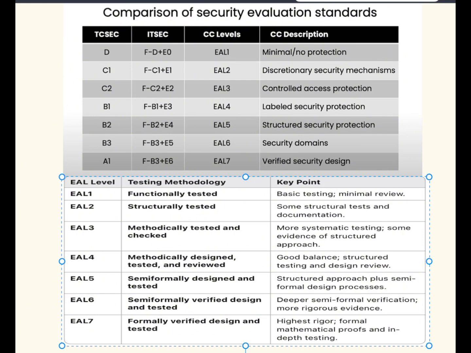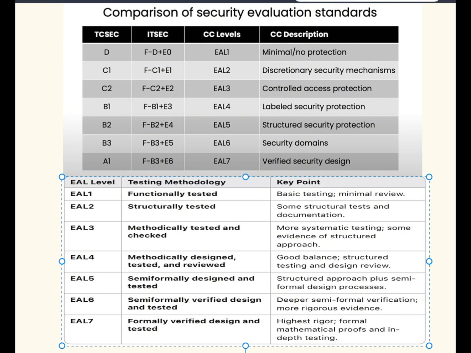So how do they relate? TCSEC was the first US standard developed for classified systems. ITSEC is the European version, which provides more flexibility. Common criteria, CC, combines the best of both and uses EAL1 to EAL7 for global certification. So higher EAL, more security testing and greater assurance.